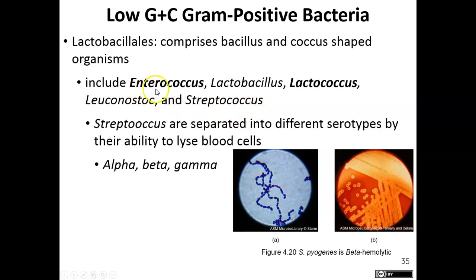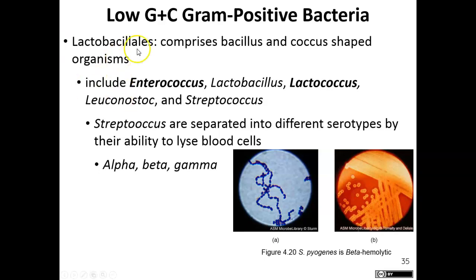In our lab, we have Enterococcus and Lactococcus. Streptococcus are then separated into different serotypes by their ability to lyse blood cells. So there are 3 forms of blood lysing that can occur. We have alpha, beta, and gamma.